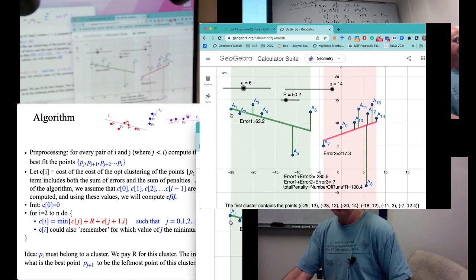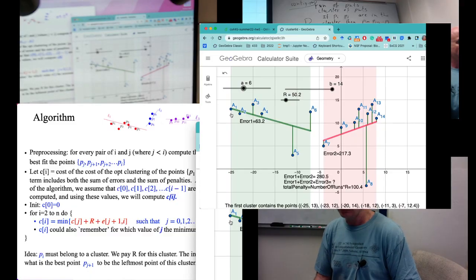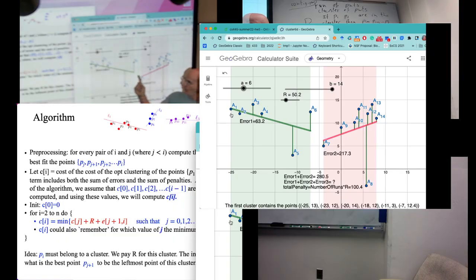Why? We are again recycling the idea that optimal solutions of smaller problems are used in the optimal solution in larger problems. I don't know that the previous cluster ends at A6, but when I'm adding A14, I'm not sure that A7 is indeed the first point of the cluster with A14.